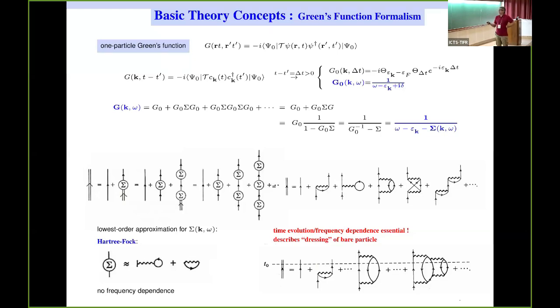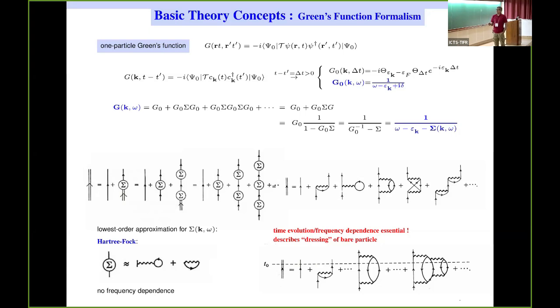This is done here, and then you would have different kinds of scattering of an incoming and outgoing particle to different orders. These first two diagrams are the simplest ones. These are the so-called Hartree and Fock diagrams. Well, that's just the Hartree-Fock approximation that you know from early, advanced quantum mechanics, I would say.